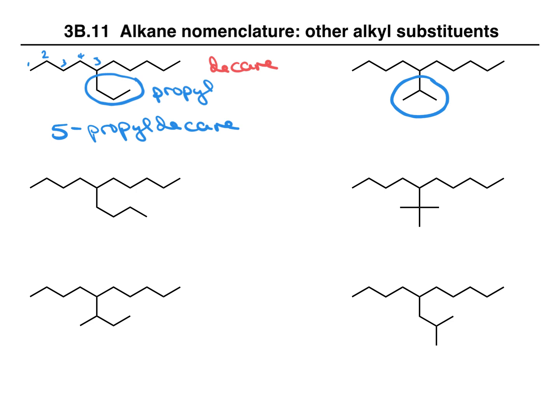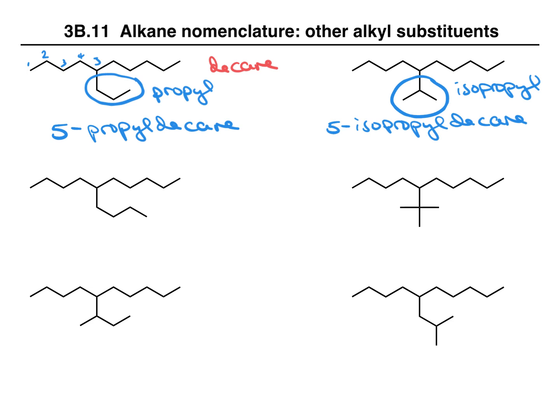So here's our branch, and this is carbon 2 branching off of the branch. This would be called an isopropyl group. So this compound can be named 5-isopropyl decane.